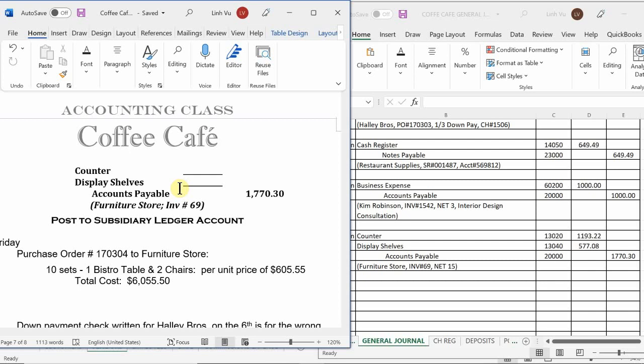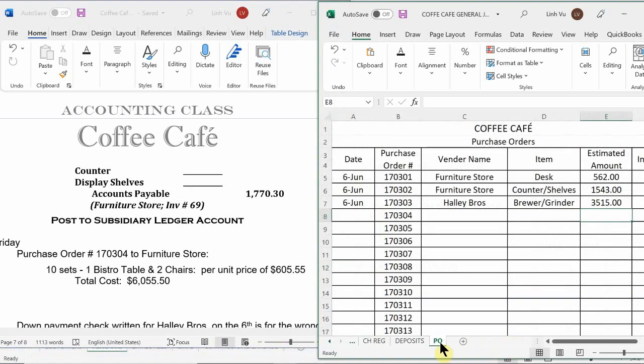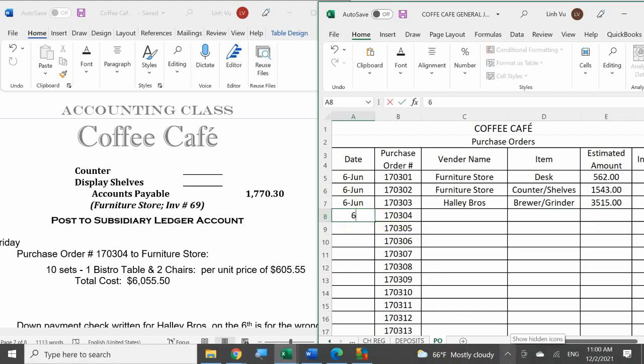Okay, this is a purchase order. So, do we need to journalize this? No. But we do need to update our purchase order. So purchase order number 17304. The date that we ordered was the 7th. Who did we order from? Furniture Store. What did we buy?